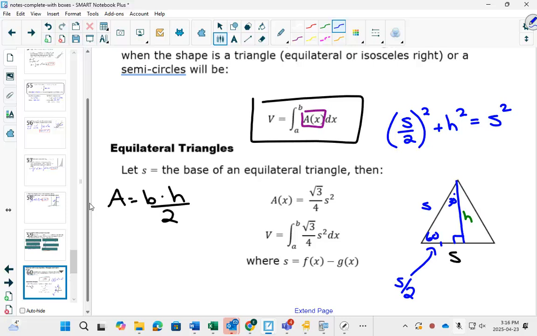This will be 1/4 s squared, and then h squared equals s squared minus 1/4 s squared, which is 3/4 s squared. And if I square root that, I'm going to get square root of 3 over 2 s.